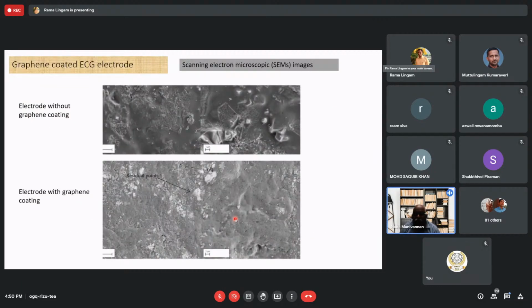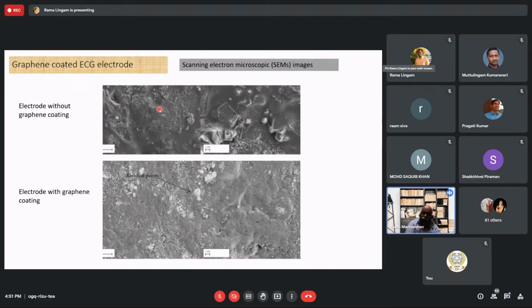Next slide, please. So we did some scanning electron microscope images of the electrode. We bought an ECG electrode from a company and stripped it off, so it has a silver electrode, and on top of that we put a coating.